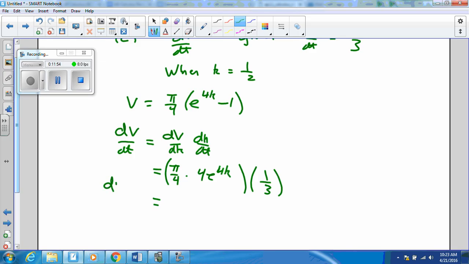And when k is equal to 1/2, notice the notation that we use here. I can't really say of 1/2 because that would imply when t is 1/2, which is not the case. So dV/dt, evaluated at k equals 1/2, is going to be equal to pi times e to the 4k divided by 3.